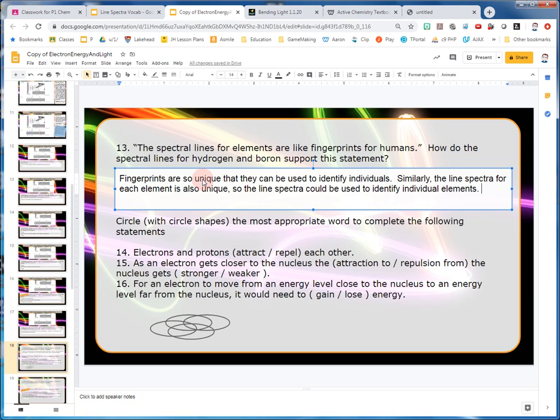If you can find a line spectra for hydrogen, then you know that there's hydrogen there. If you can find a line spectra for tungsten or gold or helium, then you can say with reasonable certainty that there's helium there, or there's gold there, or there's tungsten there.